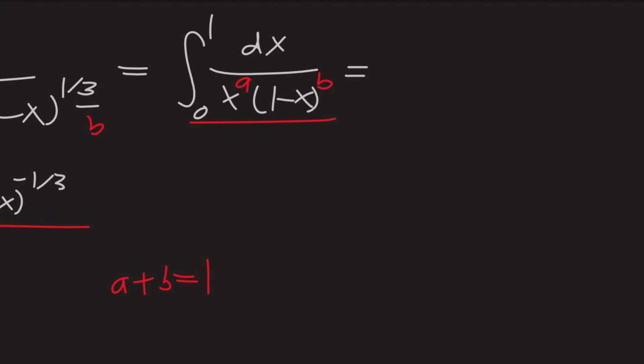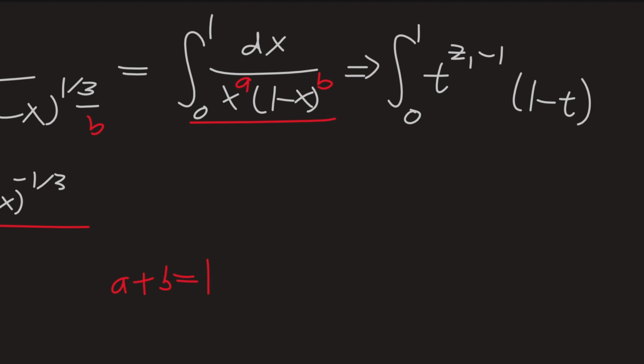We can put this in the general form of the integral from 0 to 1 of t to the z1 minus 1 times 1 minus t to the z2 minus 1, with respect to t, of course. Wikipedia uses z1 for some reason.